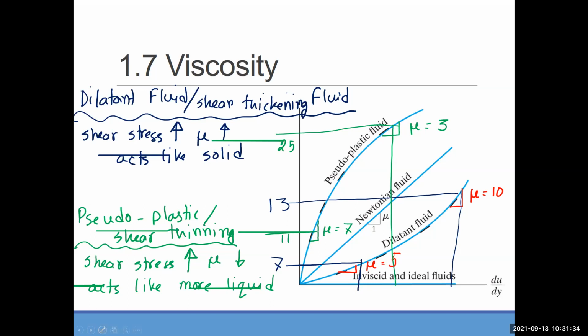And you already know one example of dilatant fluid. What is that? Water cornstarch. And for pseudoplastic, I will give you one example. Tomato ketchup. Have you seen when you open the tomato ketchup, if you want to pour, sometimes it doesn't want to move, right?